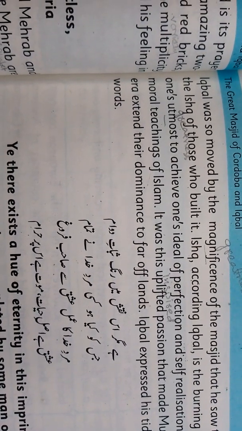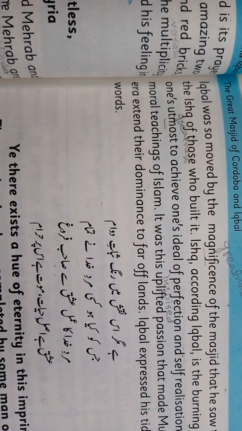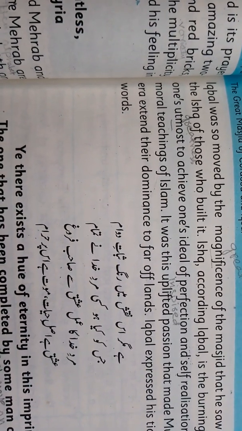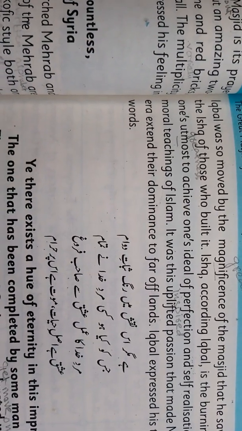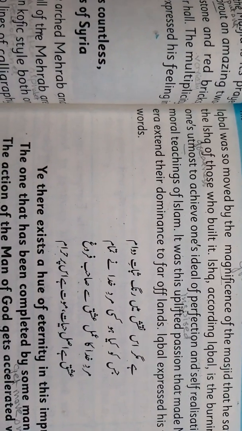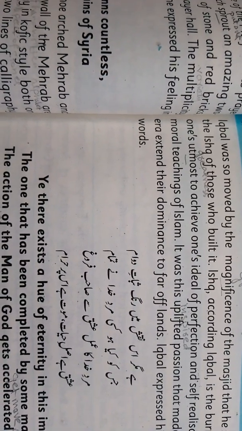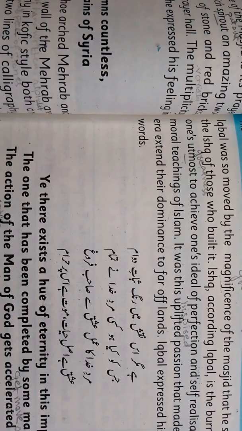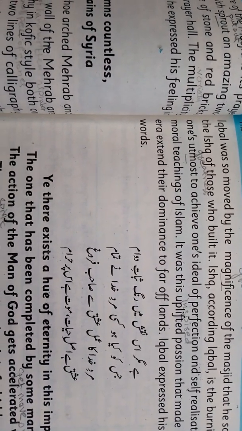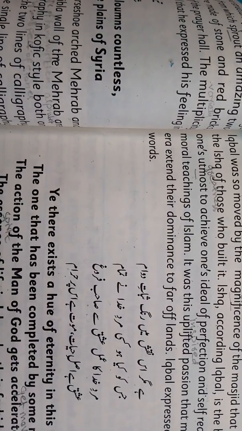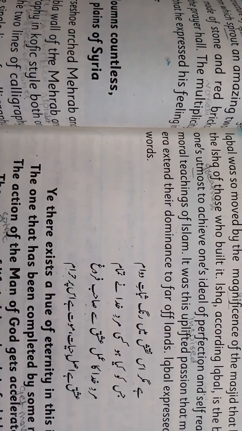Ishq, according to Iqbal, is the burning desire to do one's utmost, to achieve one's ideal of perfection and self-realization through the moral teachings of Islam. It was this inspired passion that made Muslims of that era extend their dominance to far off lands. Iqbal expressed his feelings in these words.